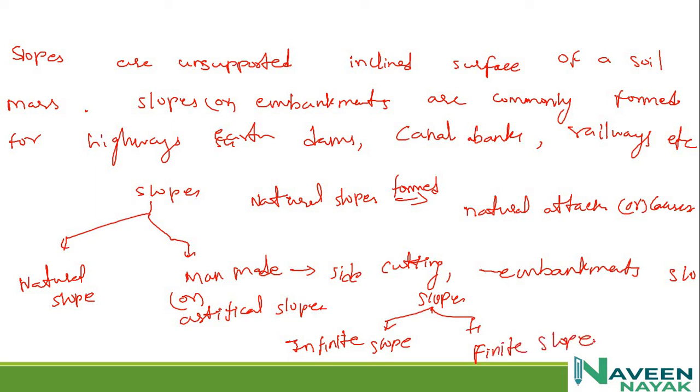What is an infinite slope? An infinite slope has a constant slope with infinite length. And let's see what finite slopes are. A finite slope has a slope with a limited extent. And this is about the slopes.